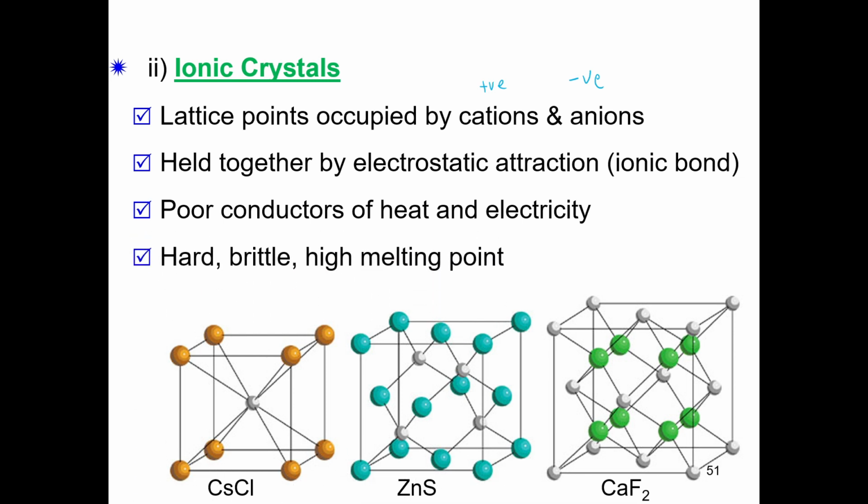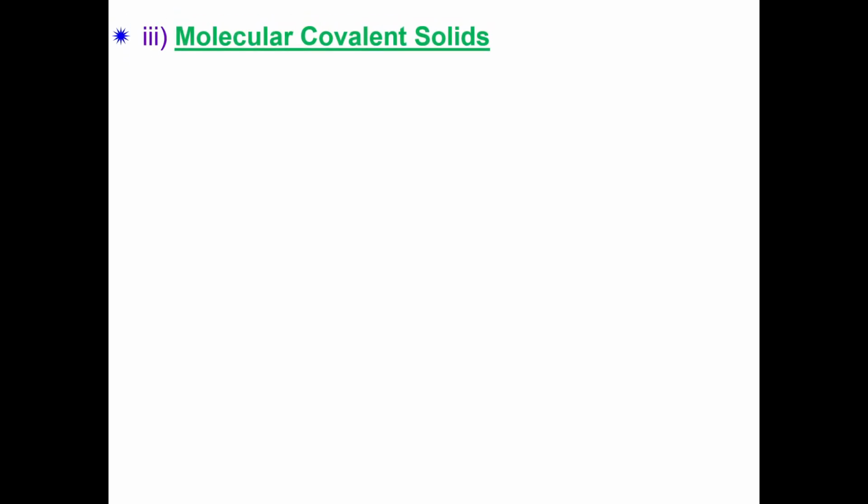For ionic solid, the properties are hard, brittle and high melting point. These are all examples of ionic solid, which come from metal and non-metal, cation and anion.